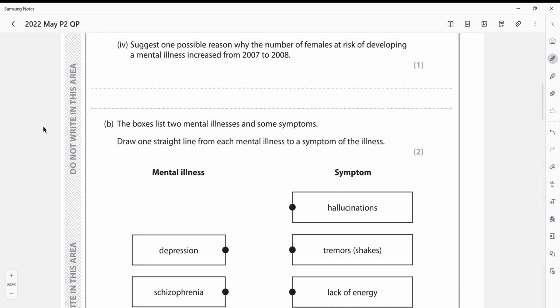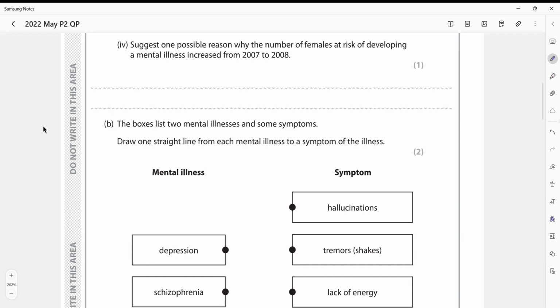Another thing you can also write is domestic violence, right? So domestic violence, whether or not it's the partner or the spouse, or relatives as well, that could impact their mental health. Another thing is substance abuse. So there are different reasons that you can write here.